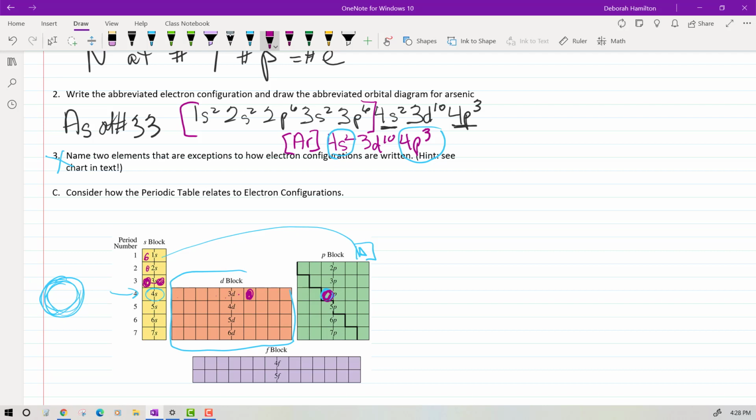The D block is always one number less than the row it's on. The F block is two numbers down from the rows that they're on. In other words, the 6th row actually goes down to 4f. The 7th row goes down to 5f when you fill in for the f sublevels. But it's always s before p, before d, before f as far as energy is concerned.